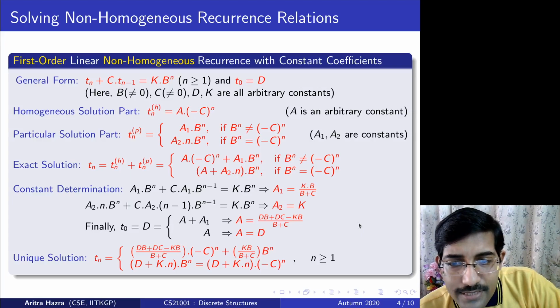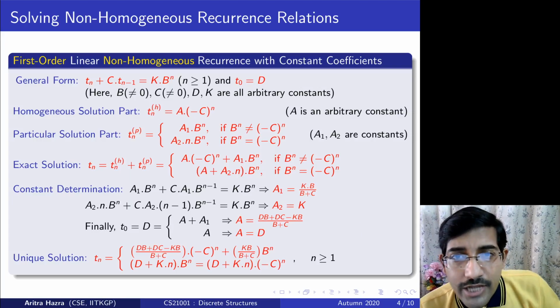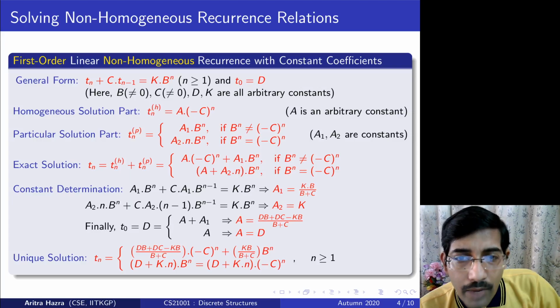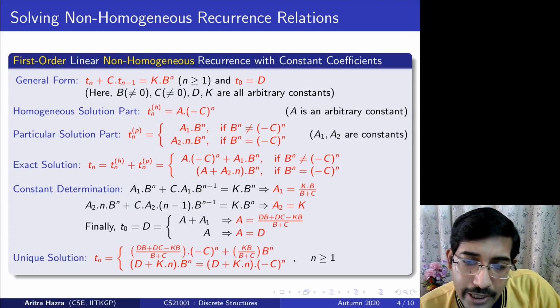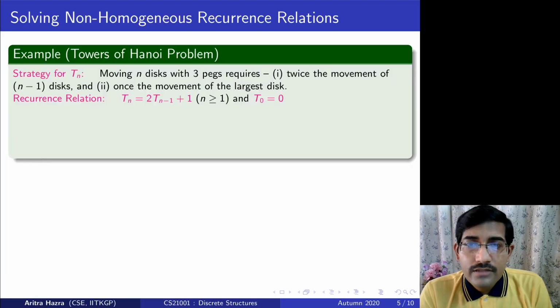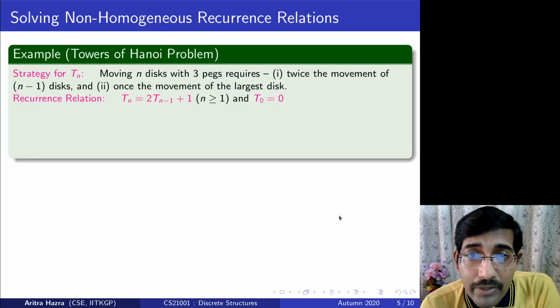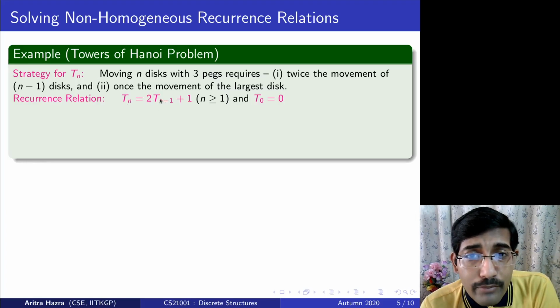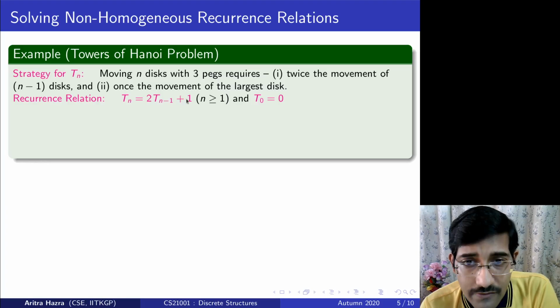So let us see some examples where we use such kinds of non-homogeneous recurrences and try to solve them using the homogeneous part and the particular part, and their linear independence lets us add them to get the final solution. See, the Tower of Hanoi problem, if you remember, our recurrence was Tn equal to 2Tn minus 1 plus 1, because you are moving the top n minus 1 disks twice and you are moving the largest disk once.